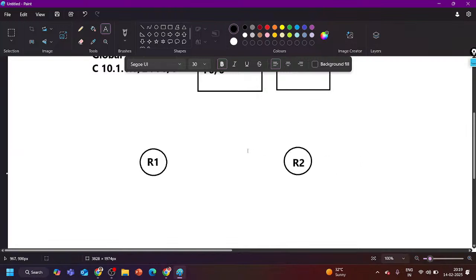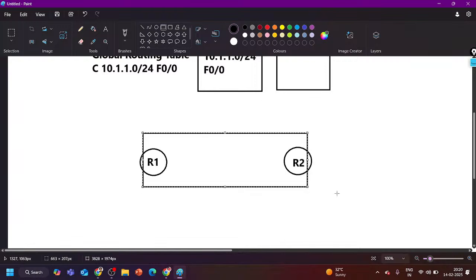The service provider is connecting two companies' networks.